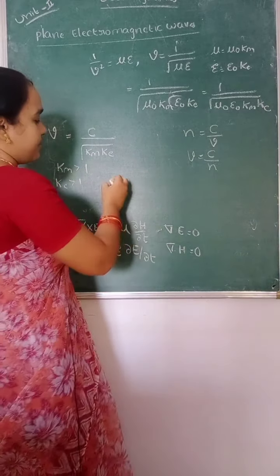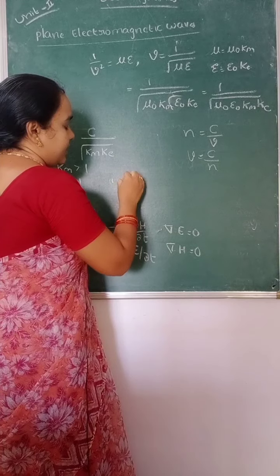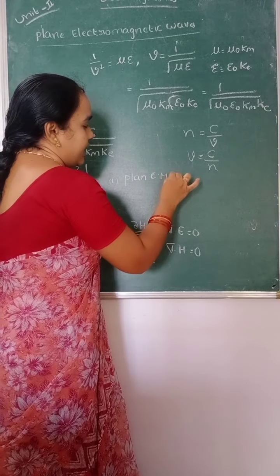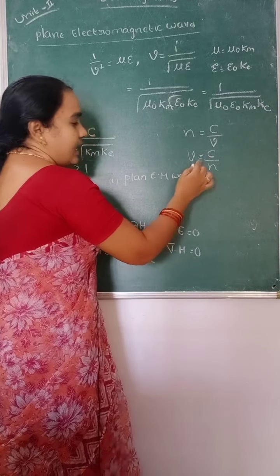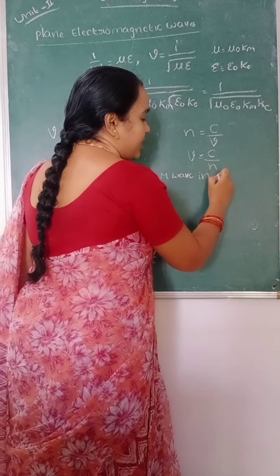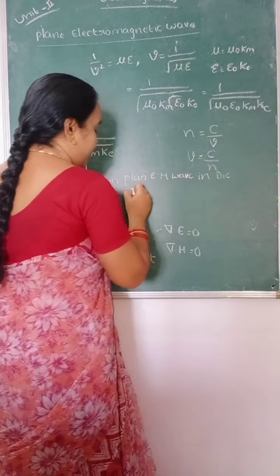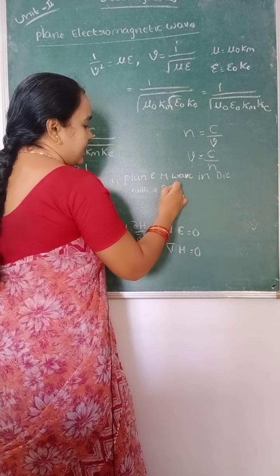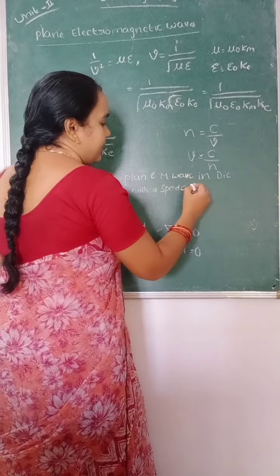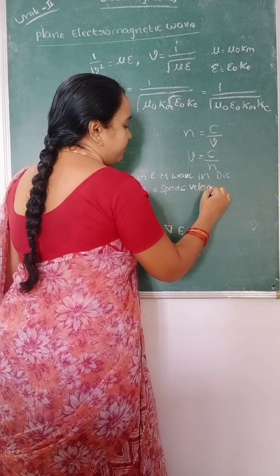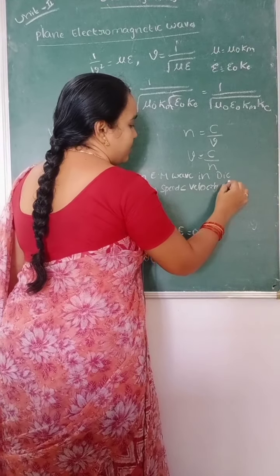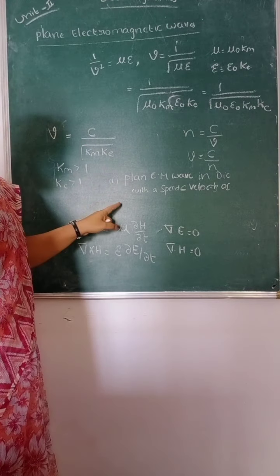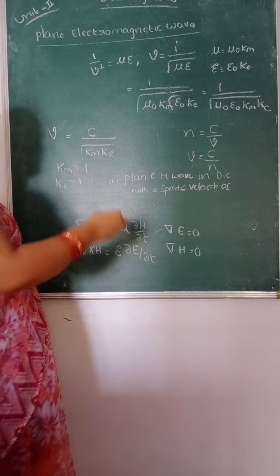So the first summarization is, this plane electromagnetic wave in an isotropic dielectric medium travels with a speed less than the velocity of the plane electromagnetic wave in free space, that is the speed of light.